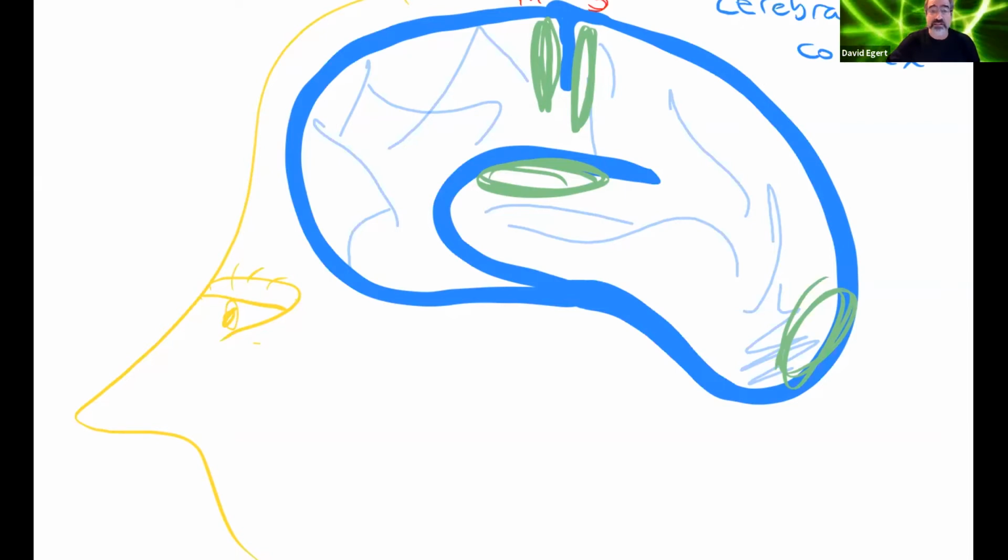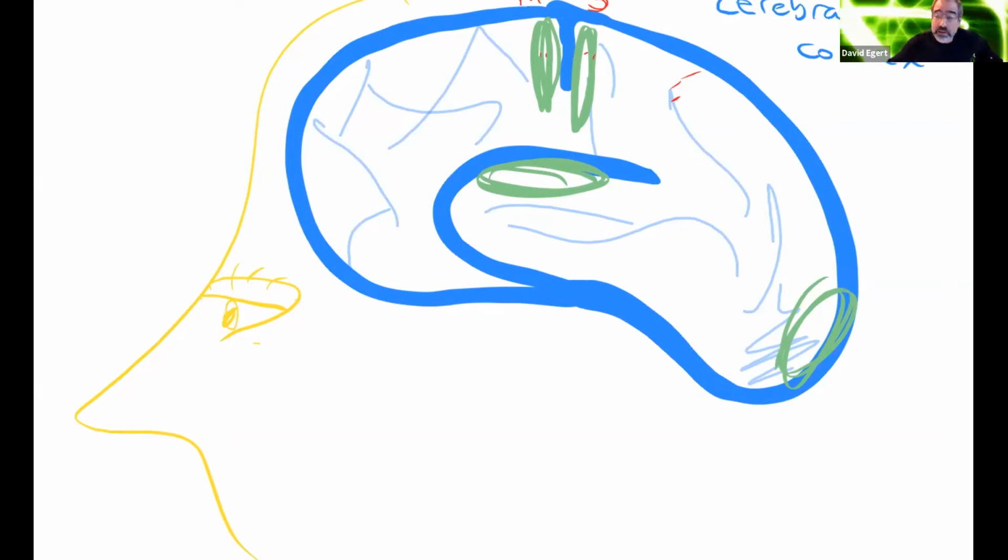S is later in the alphabet, so S is further back, in the post-central gyrus, back here in the parietal lobe. So if you're trying to remember whether it's pre or post, the motor is the one that comes before, it's in front, because M comes before S. So if that's helpful.